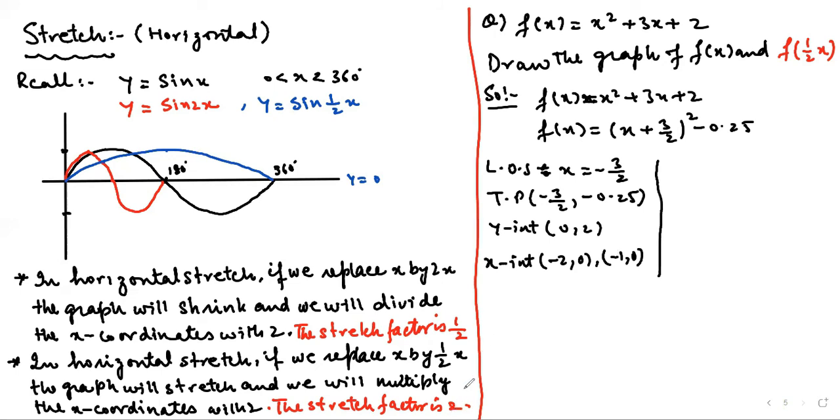The stretch factor is 2. If we replace x by half x, the stretch factor is 2. In the case of horizontal stretch, if we replace x by half x, the stretch factor is 2 and we will multiply all the x coordinates by 2.